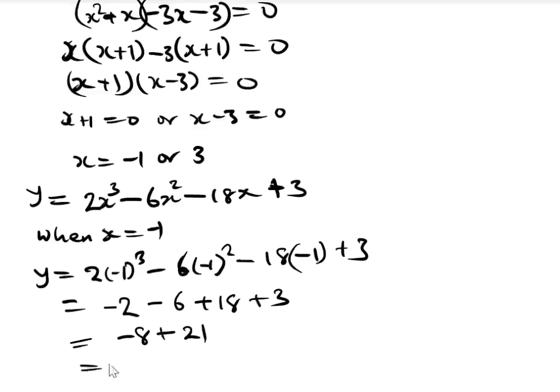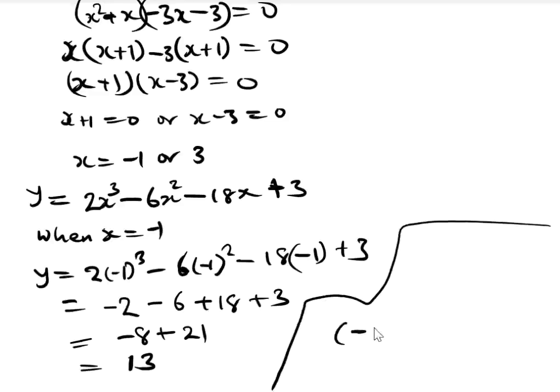So if I add minus 8 plus 21, I'll have 13. Therefore, the first point will be x equal to minus 1 and y equal to 13.